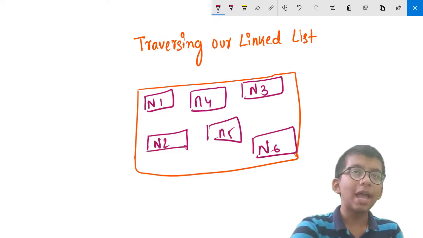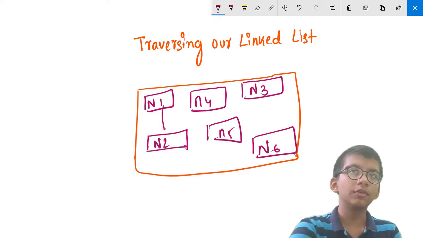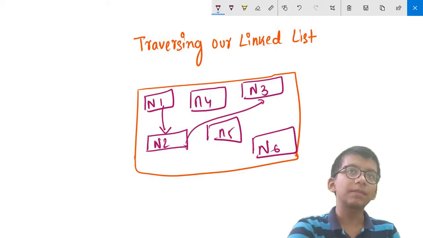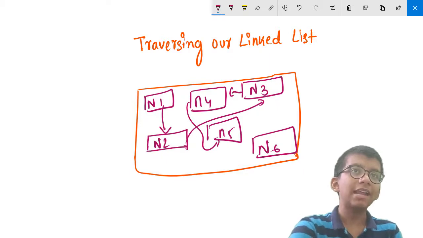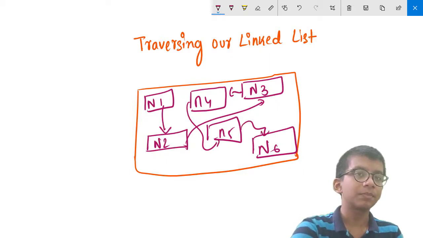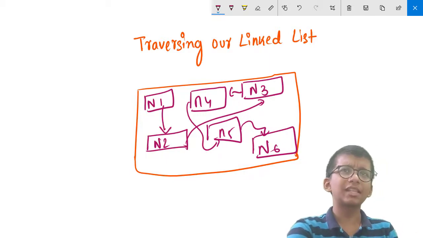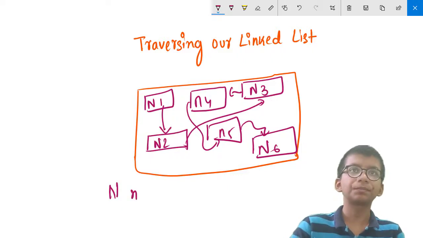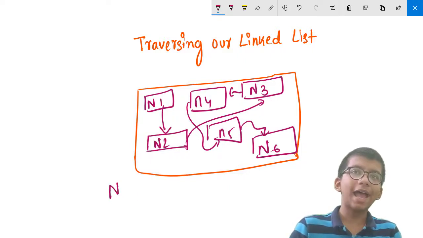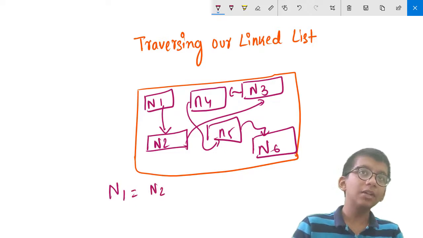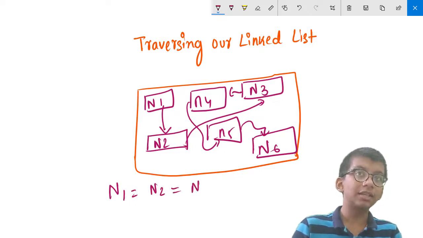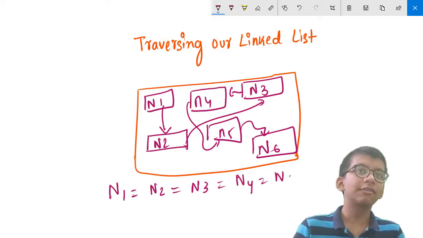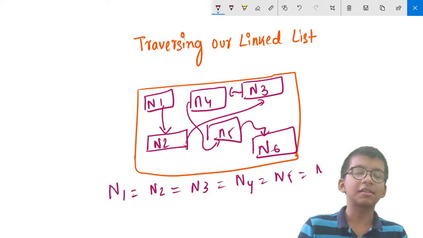So n1 contains the address of n2, n2 contains the address of n3, n3 contains the address of n4, n4 contains the address of n5, and n5 contains the address of n6.